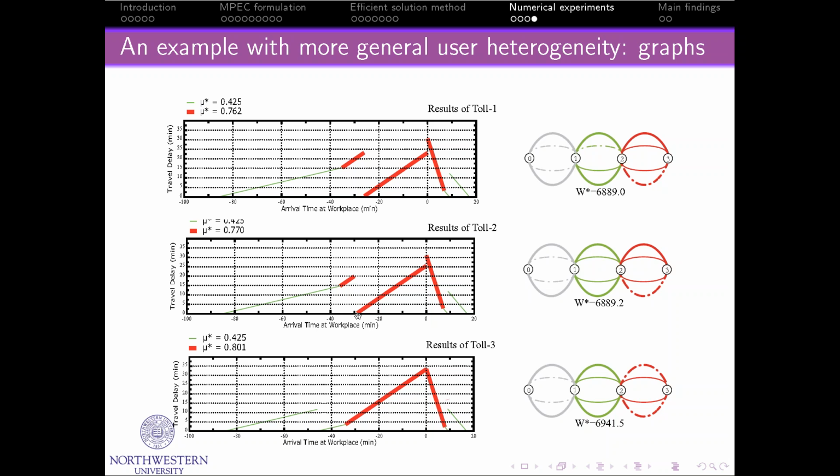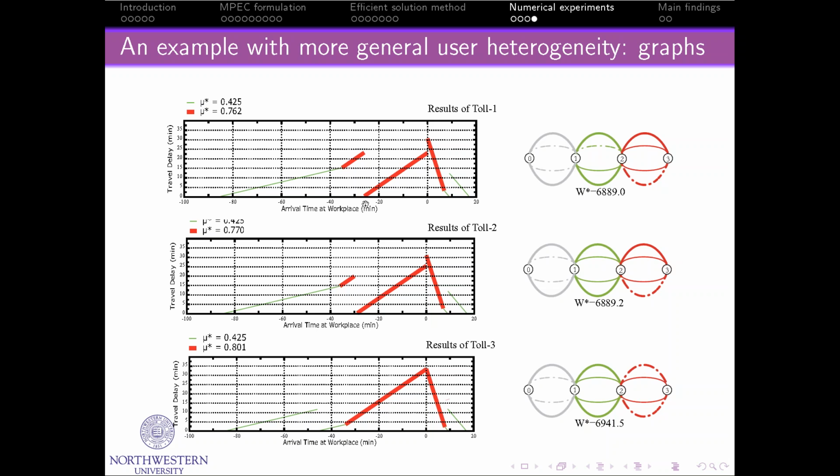Though in toll scheme 2, the green one is just very small in here. And from toll scheme 2 to toll scheme 3, the red class is ruled out of the untolled period.